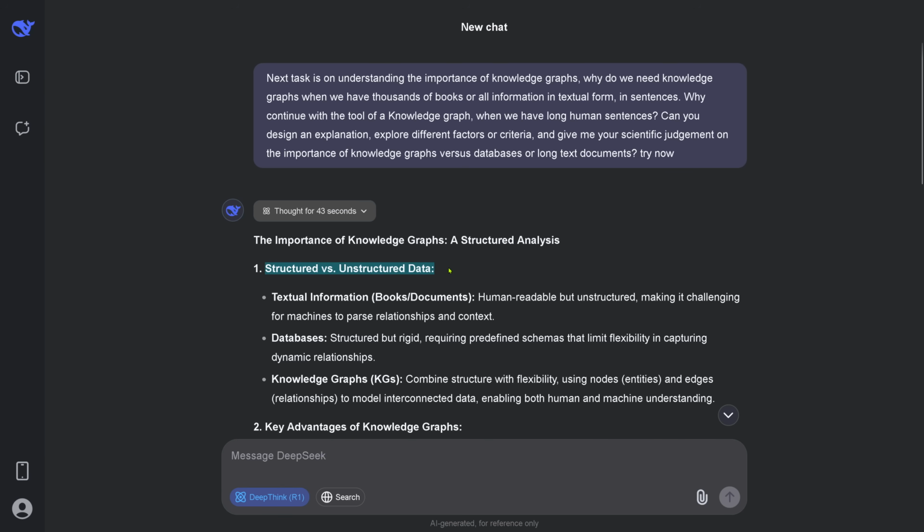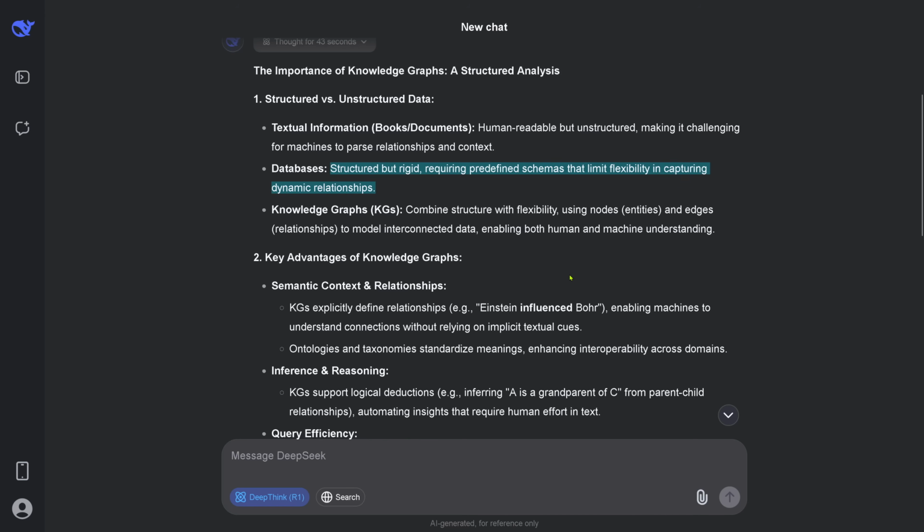Structured versus unstructured data. So we have textual information. It is human readable but unstructured, making it challenging for machines to parse relationship and context. Databases are structured but rigid, requiring predefined schemas that limit the flexibility in capturing dynamic relationships. And now knowledge graphs.